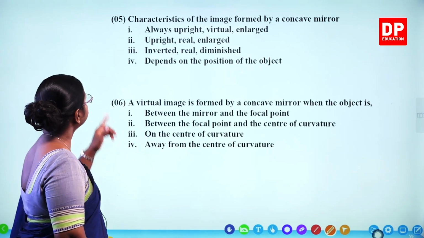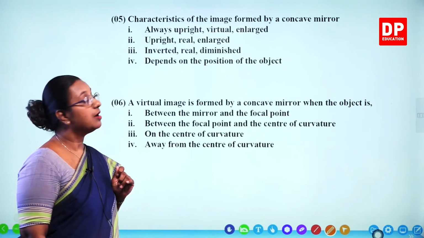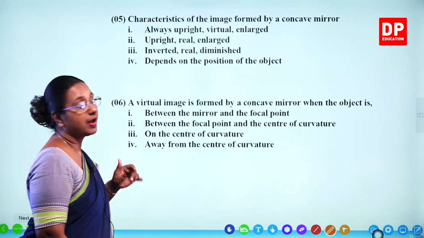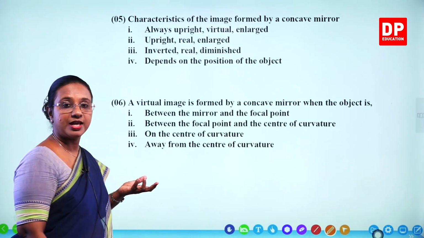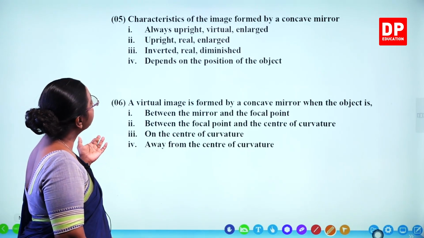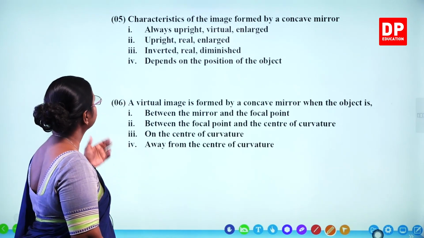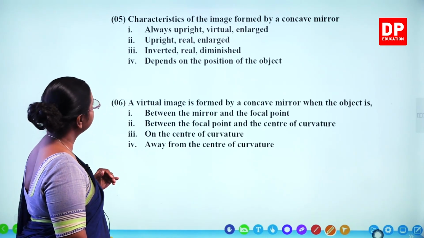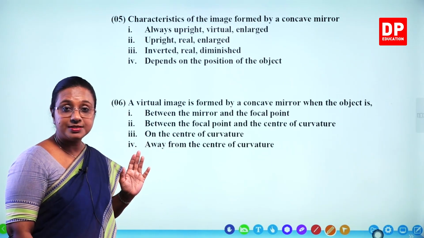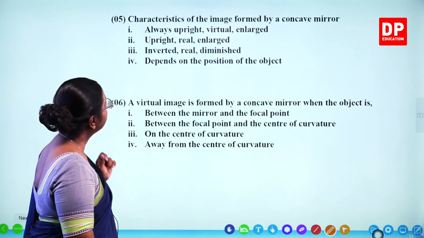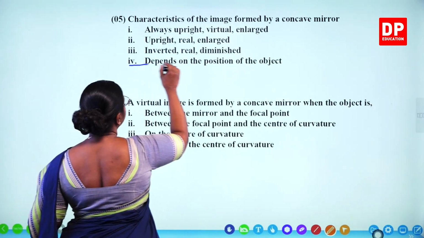So here, characteristic of the image formed by a concave mirror: you can never say it's always upright, virtual, enlarged. That's not correct. Upright, real, enlarged, that is also at certain instances. Inverted, real, diminished. So all these depend on the position of the object. That is the correct answer.